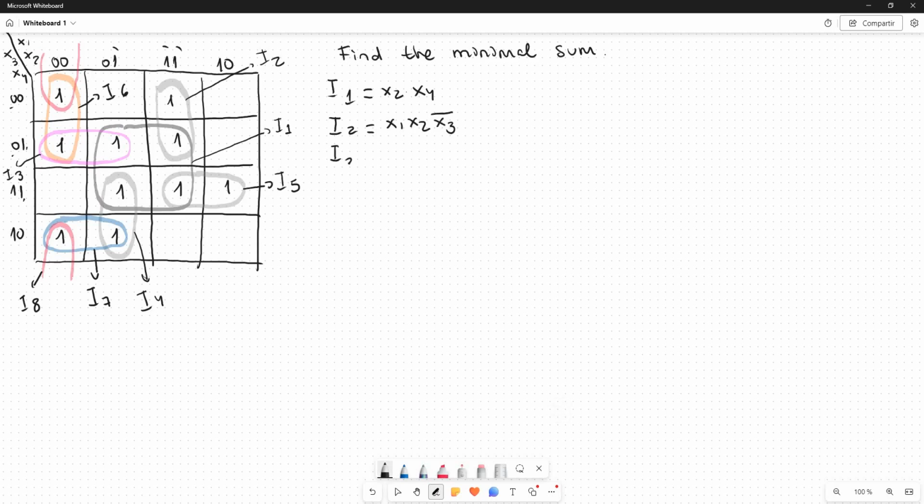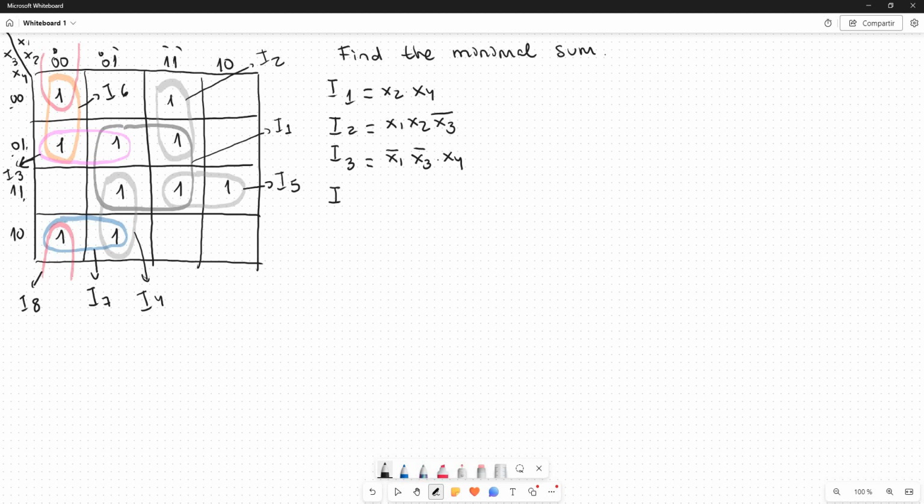Prime implicant 3 is this one, that is x1 negated, and x3 negated because it's 0, and x4 non-negated because it's 1.